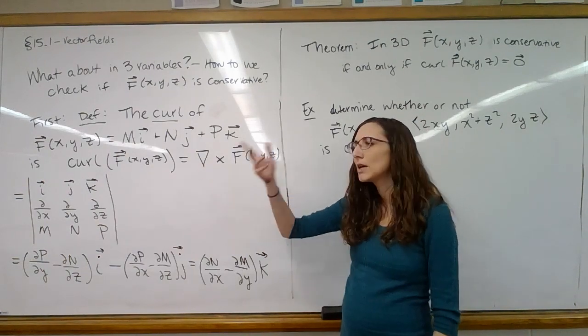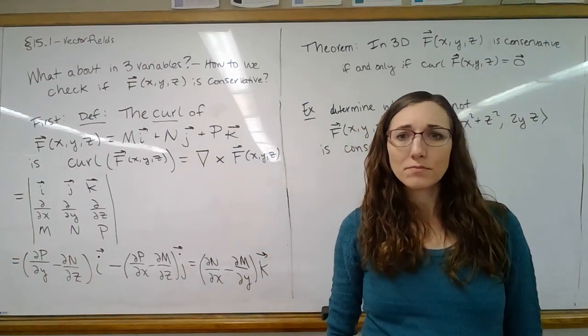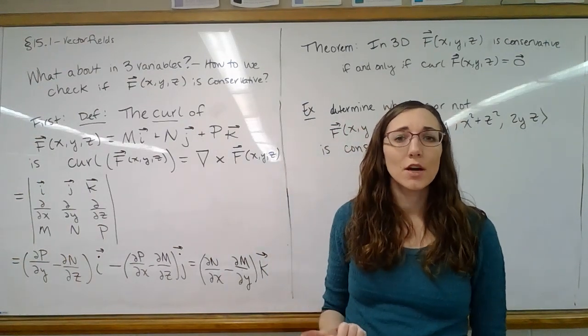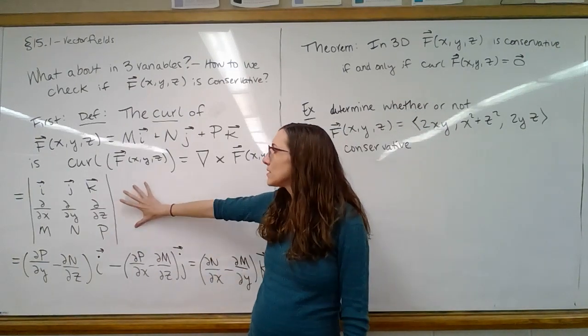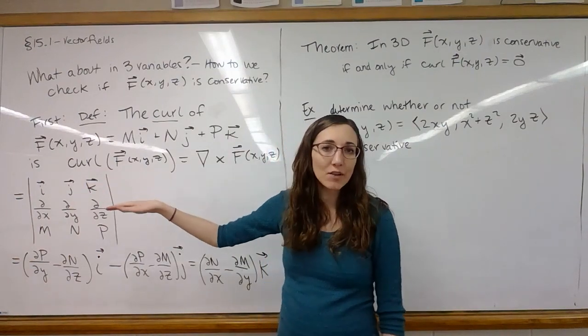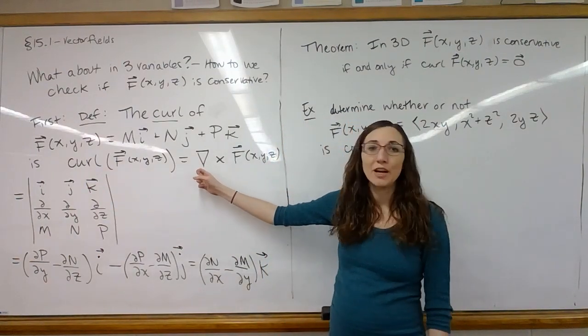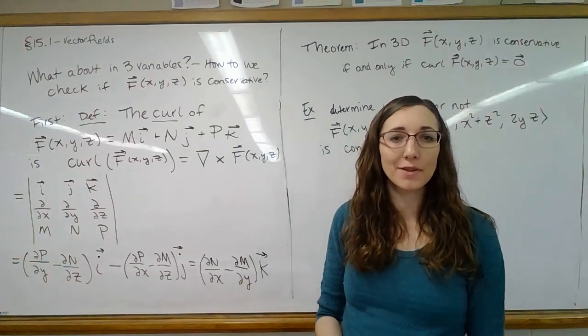Now this del isn't quite a thing on its own, it's actually an operation. So we have to remember the setup of a cross product, which is this determinant style. The top row is i, j, k. The second row is supposed to come from the first vector in the cross product, which we've replaced with del.